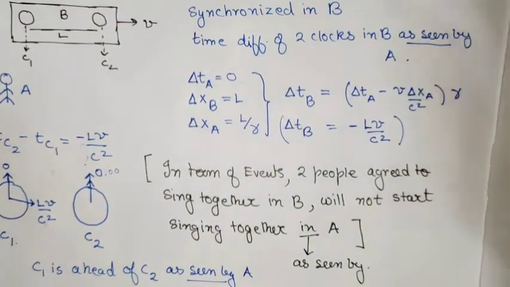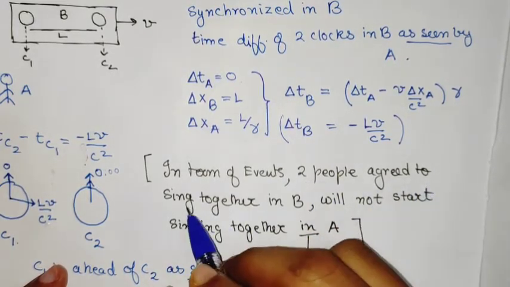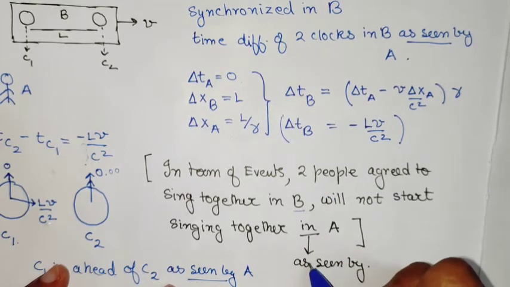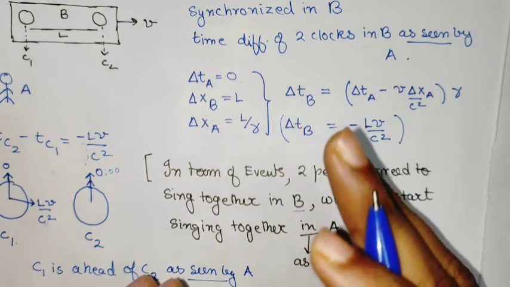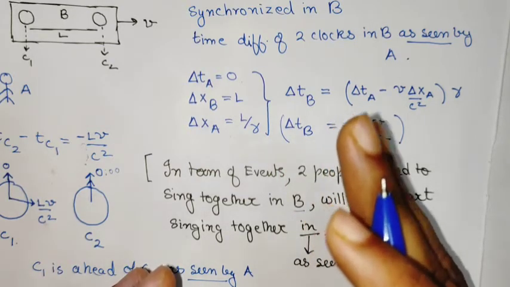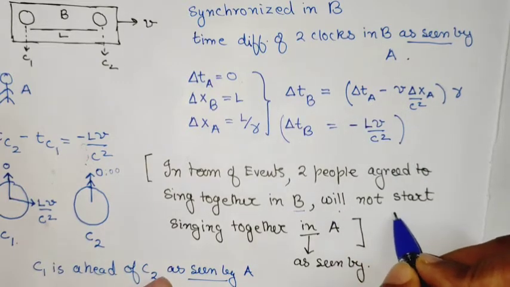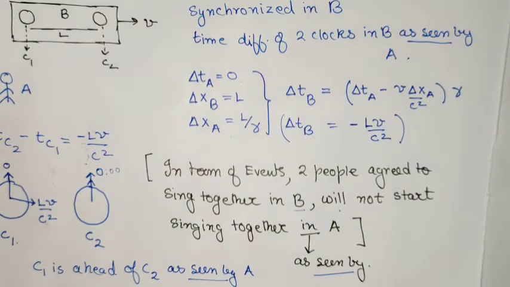What this means is that if there are two people who have agreed to sing together in B, then even though the singing starts together as observed by someone in B, for a person observing in A the singing will not begin together.